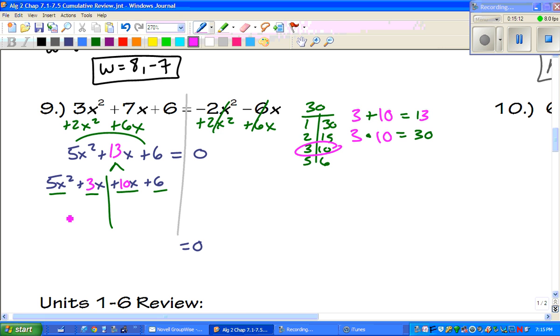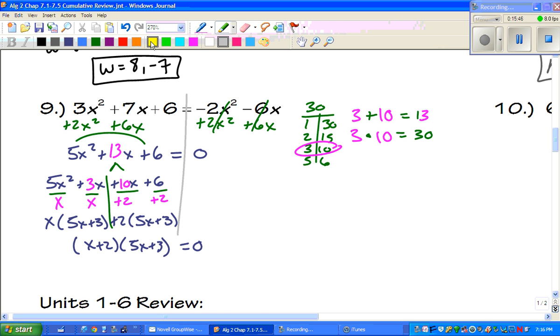The GCF of the front is just going to be x, and of the back, it's going to be positive 2. So we get x, and then we're left with 5x plus 3, and 2, 5x plus 3, which is good. So x plus 2, 5x plus 3. I'm just hoping you guys didn't make the same mistake I did.